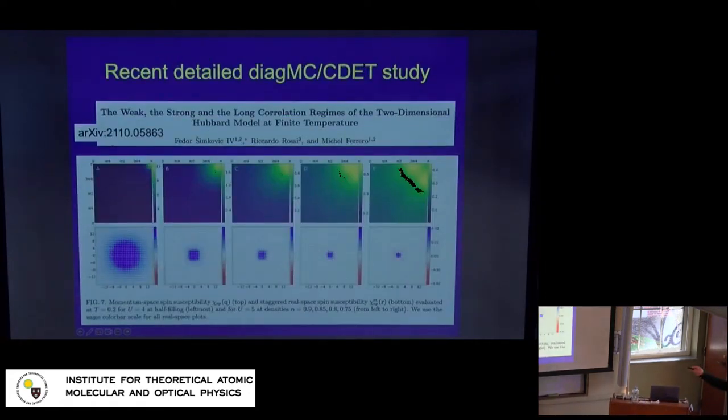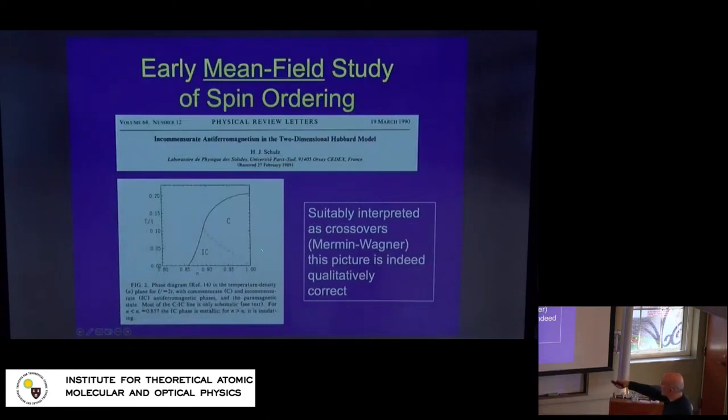This is a very recent paper that does diagrammatic Monte Carlo, which studies this evolution from commensurate spin correlations, centered at pi, into incommensurate spin correlations, which means doing a cut like this, increasing doping.